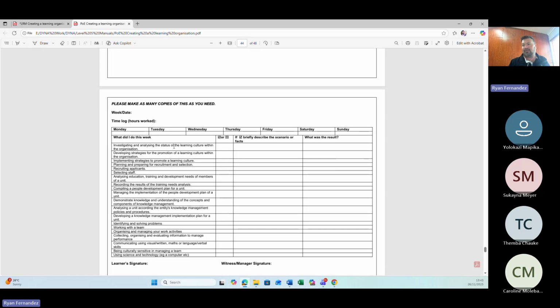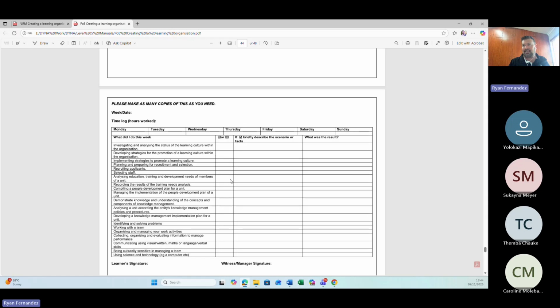Then, did you investigate and analyze the status of the learning culture? So maybe this week you did because you're more aware of it. So you tick. What was the scenario? I've realized that 9 of my colleagues are on training. What was the result? I believe that we are all sharing ideas and we are all helping each other through the studies.